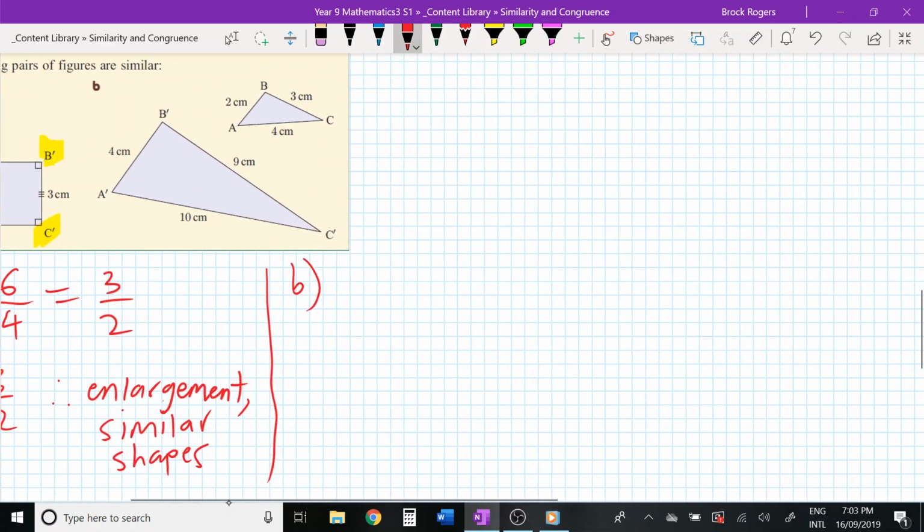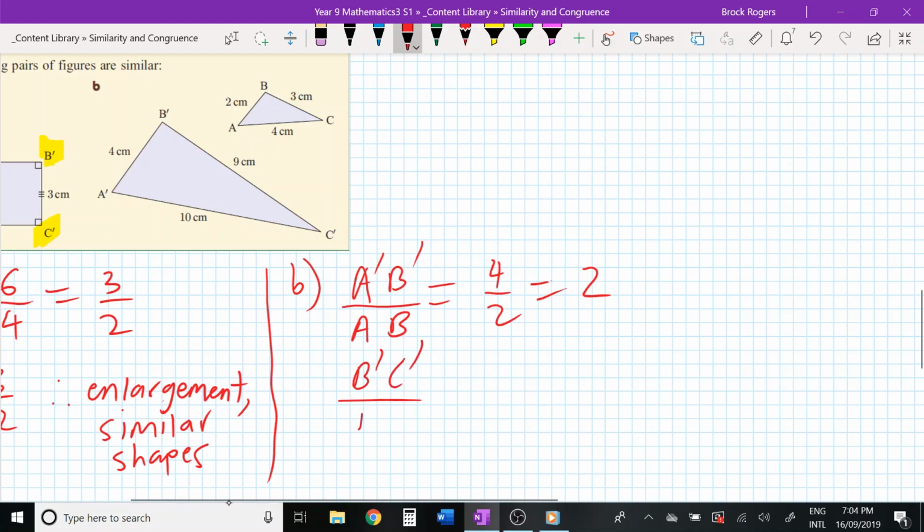Okay, looking at this second set of triangles, once again we're going to look at all three lengths here. Looking at the post enlargement, or in this case it looks like enlargement first, on the top of our fraction, 4 divided by 2, we get a scale factor of 2.